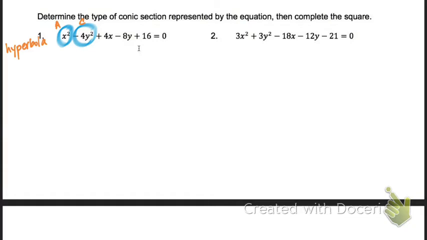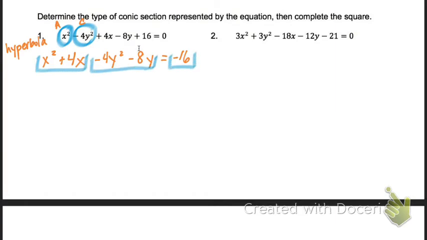So I'm going to rewrite this as x squared plus 4x minus 4y squared minus 8y equals negative 16. What I did is I put my x's together, I put my y's together, and I moved my constant to the right side.